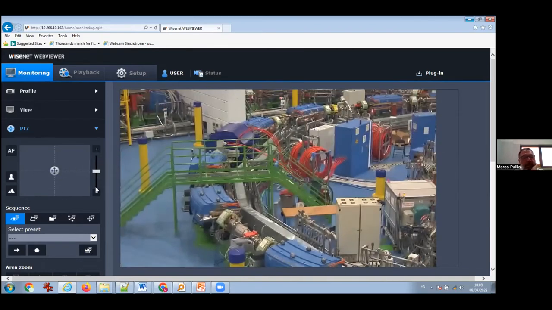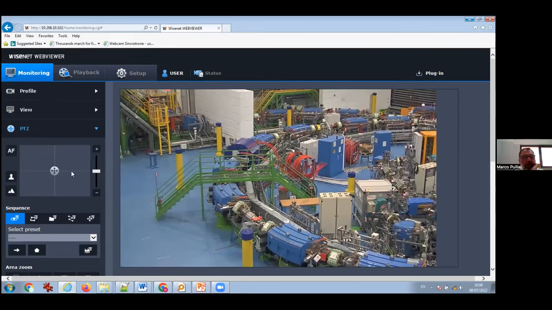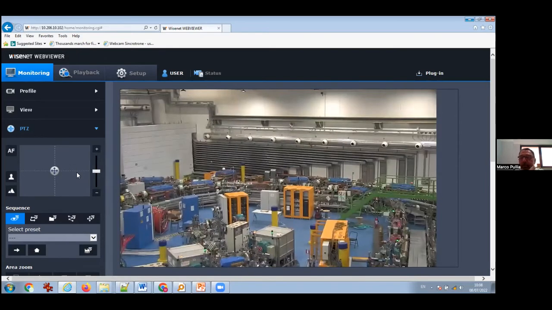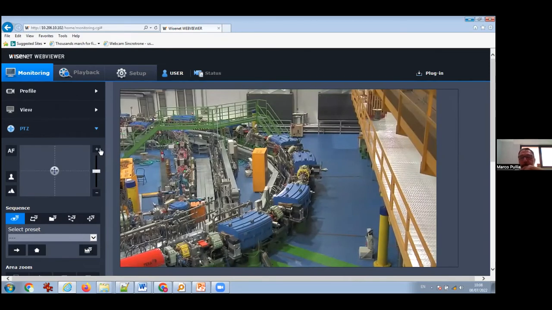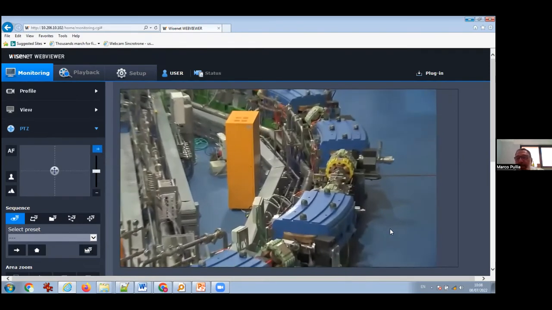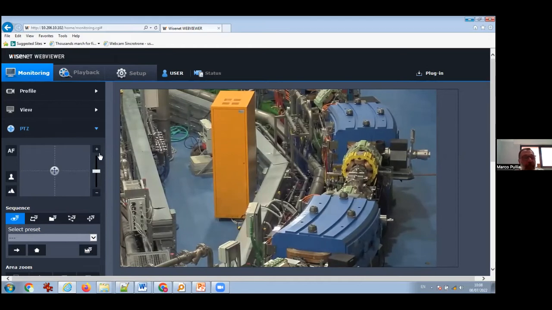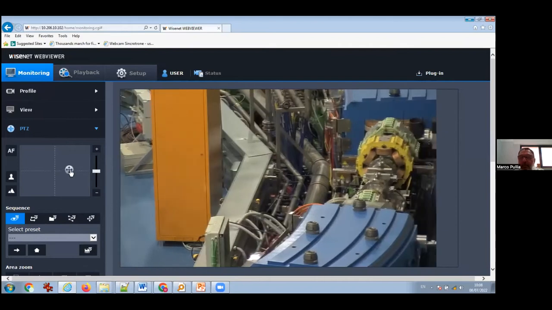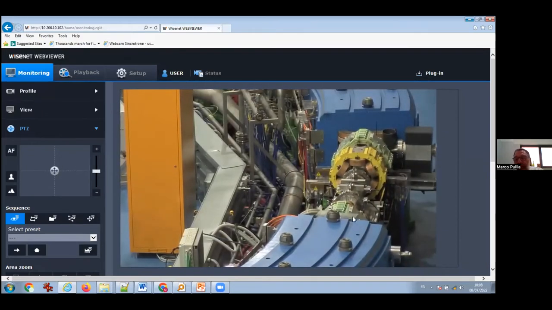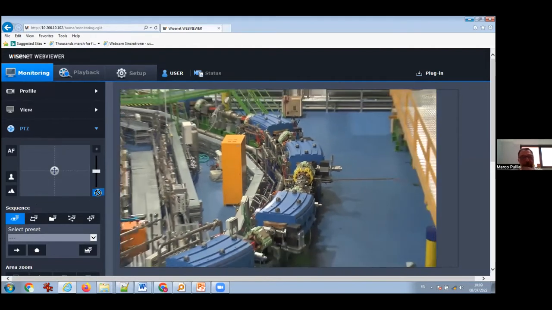And on the other side of the machine, somewhere here, it's not easy to see, but we have our RF knockout exciter, which is being implemented, and it will be used as an alternative to the Betatron core for extraction in the near future.